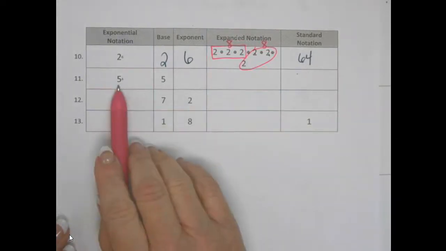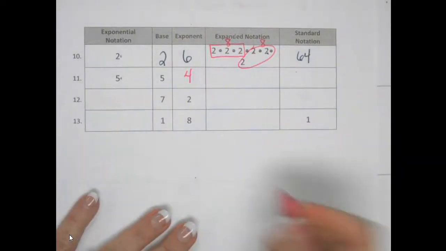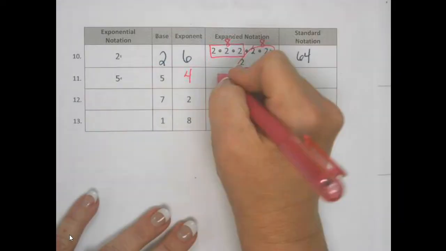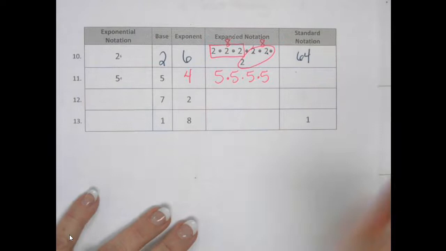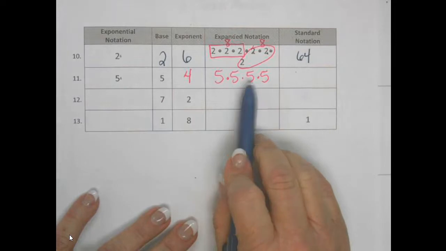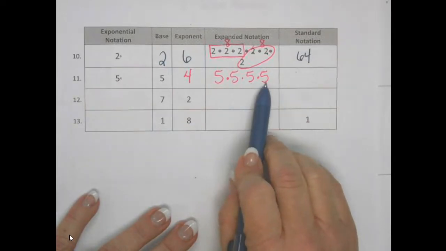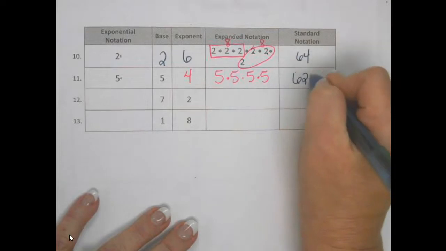My base is 5. What is my exponent? 4. When I write it in expanded notation, that means I have 5 times 5 is 25, times 5 is 125. 125 times 5 is 625.